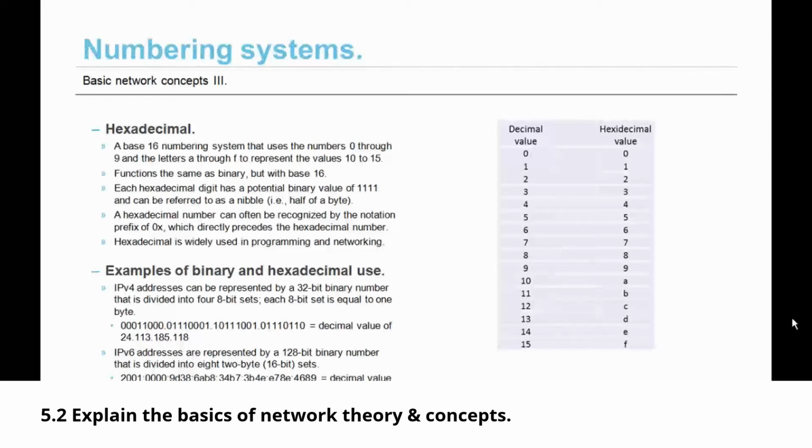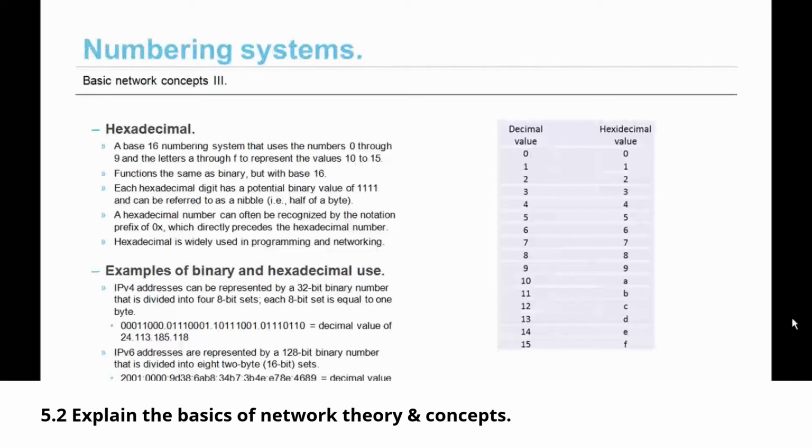Some examples of binary and hexadecimal use include IPv4 addresses, which can be represented by a 32-bit binary number that is divided into 4 8-bit sets. Each 8-bit set is equal to 1 byte and is often called an octet.